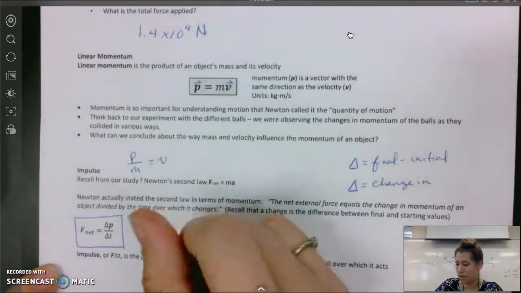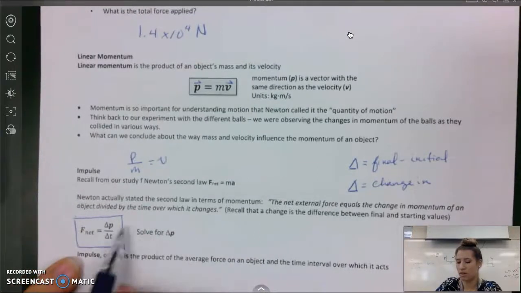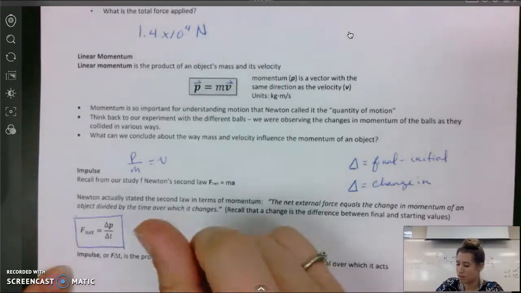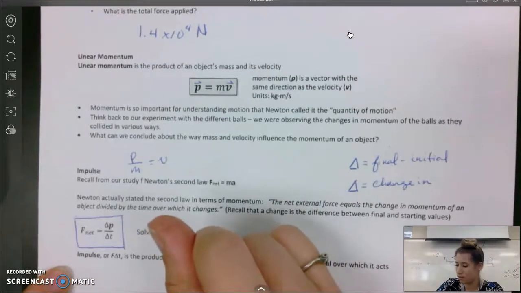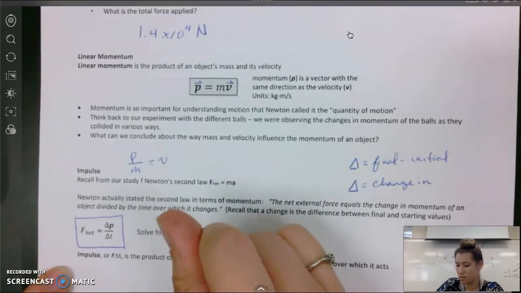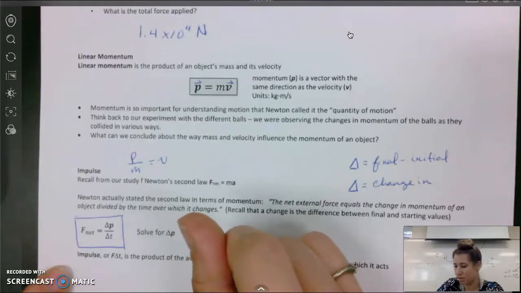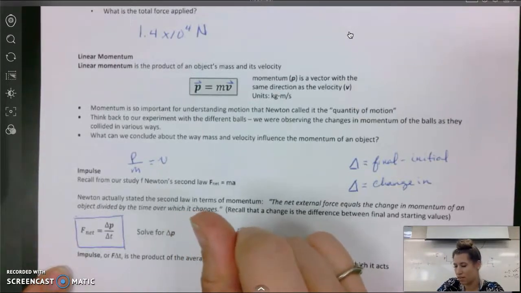We could say, let's just solve for that change in momentum here. So we want to get that by itself. So let's multiply both sides by delta t. So we'd have delta t, which is the change in time, multiplied by the sum of the forces. We're calling it net.